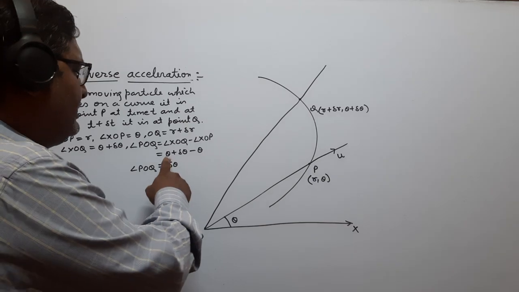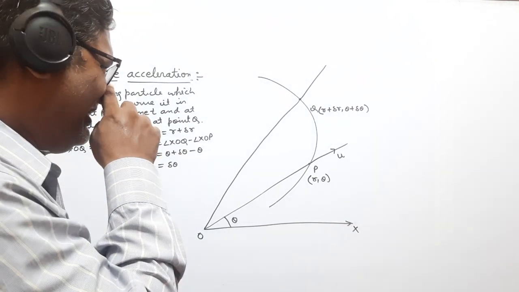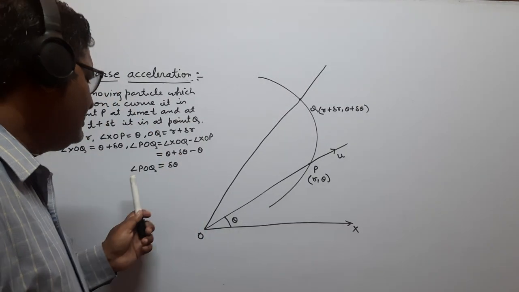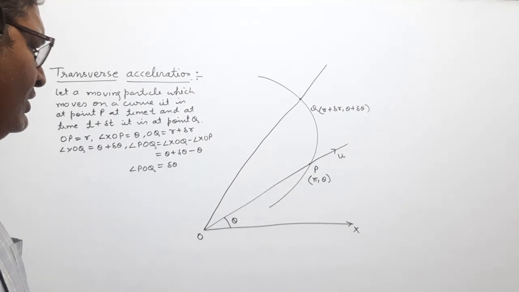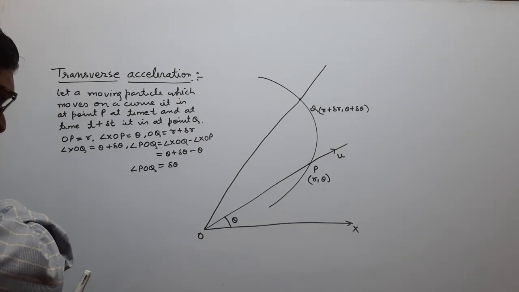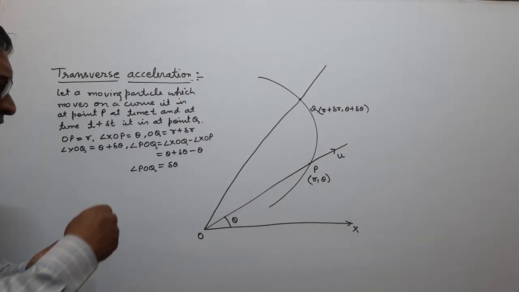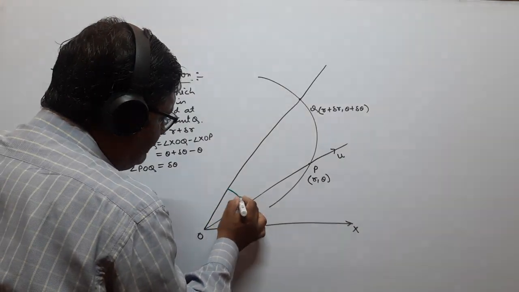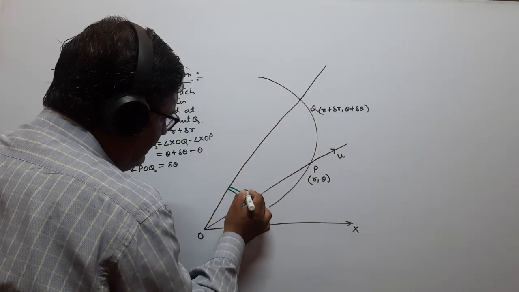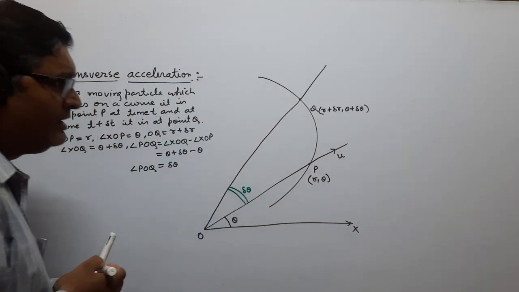Angle XOQ is theta plus del theta and angle XOP is theta, so theta is cancelled out, so angle POQ is equal to del theta. Here we can see this angle is del theta.